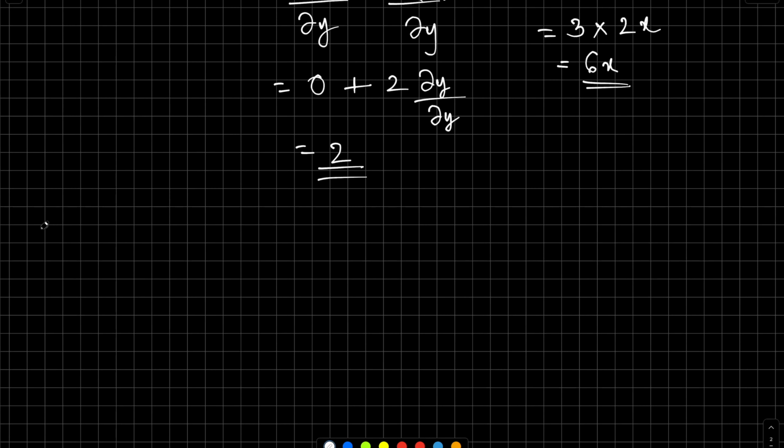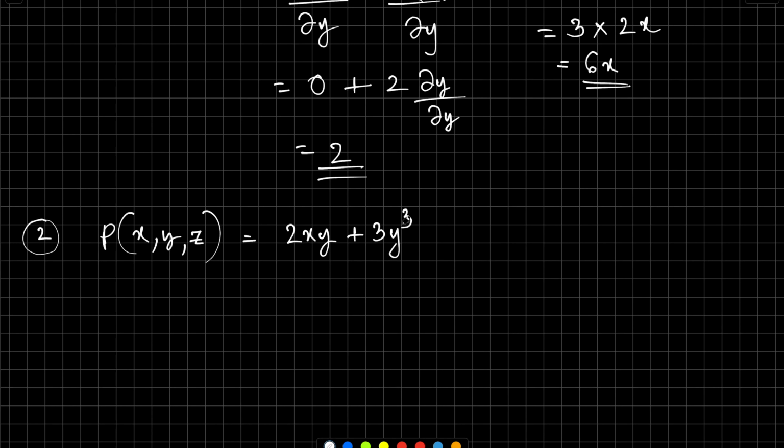One more example. Let's say p of x, y, z equals 2xy plus 3y cube plus 4z square. Let's find dou by dou x of p.